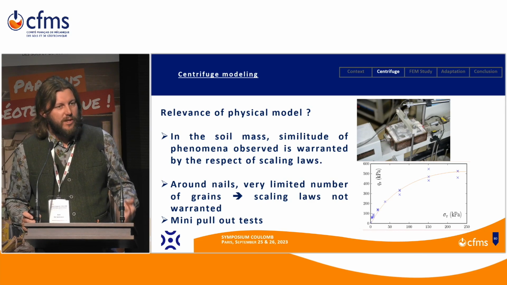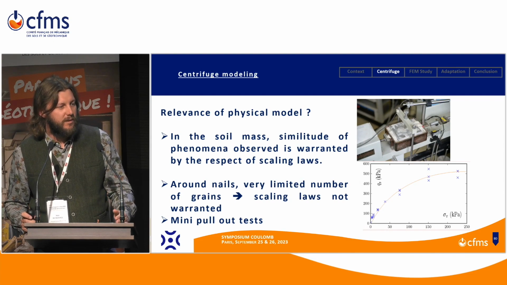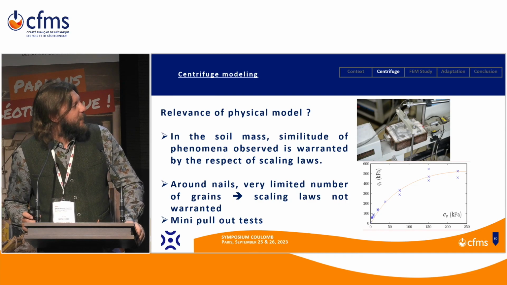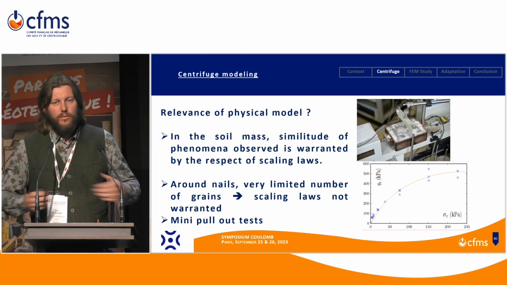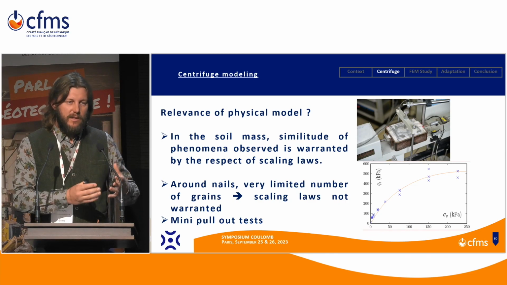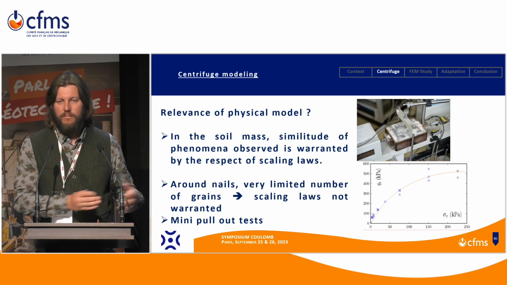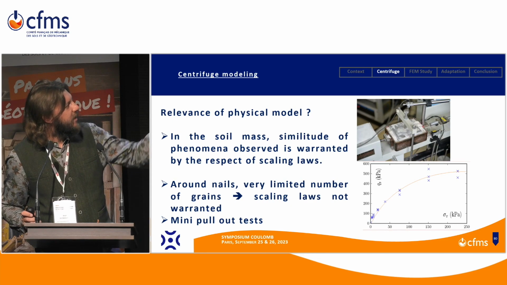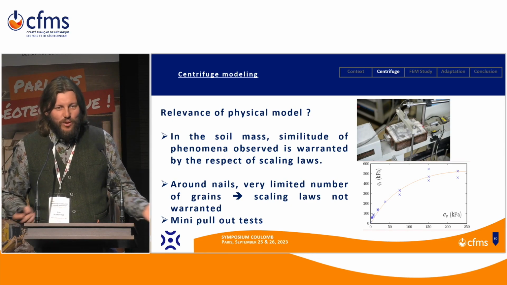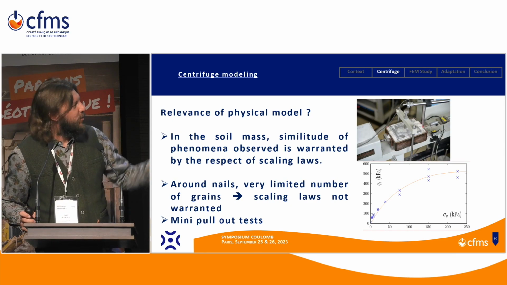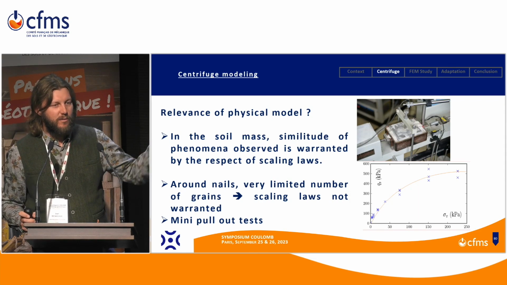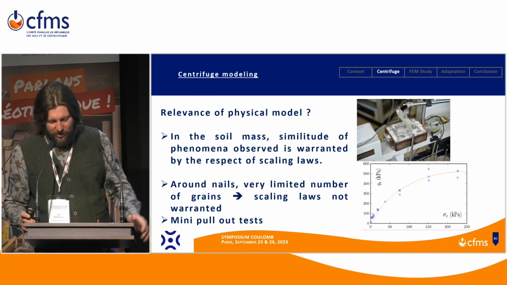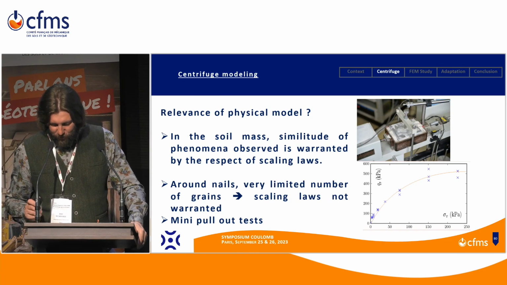The first thing we checked was the repeatability of our test, which is, let's say, not so bad. So we can say we have a friction law between the nail and the soil, which is already a good thing. And the second thing is the scaling law is not so stupid, and it corresponds to something you can observe on real scale nails. So yeah, we were quite confident about the relevance of our model.